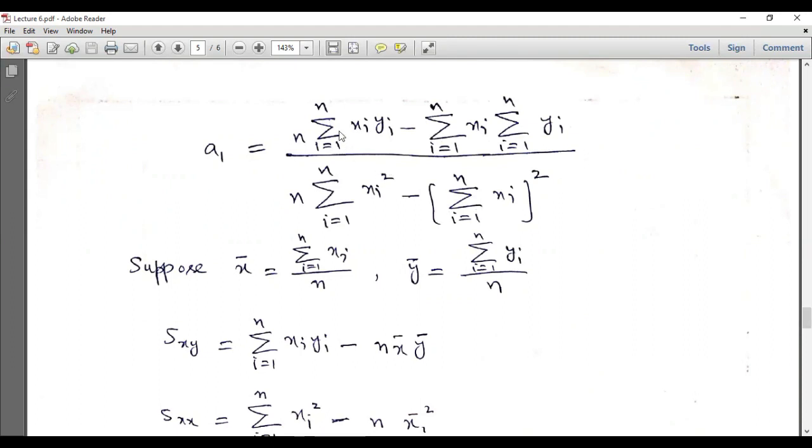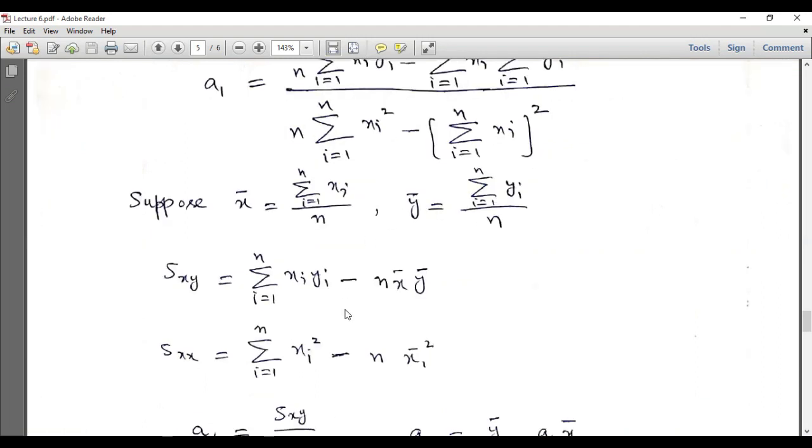So let's call this numerator term Sxy and the denominator term Sxx. So a1 will be equal to Sxy divided by Sxx.